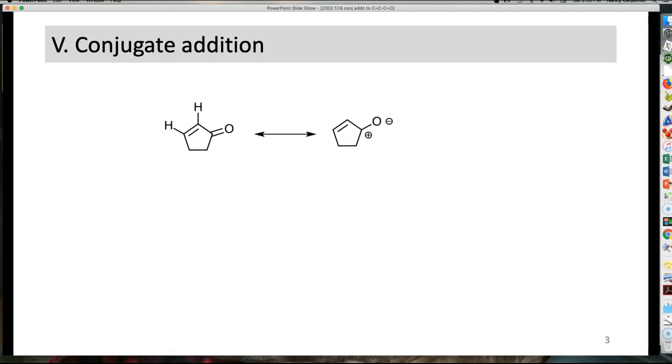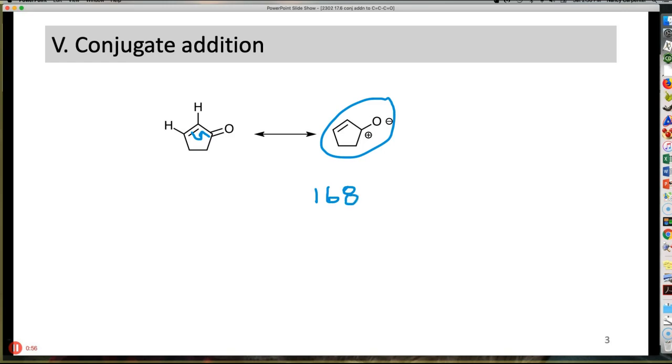So looking at that cyclopentenone, we know that, of course, there's a reason why, for example, the IR stretch for a conjugated ketone is lowered, more like 1680 instead of 1700 or 1710. Why? Because of this resonance contributor that shows the single bond character between the C and the O.